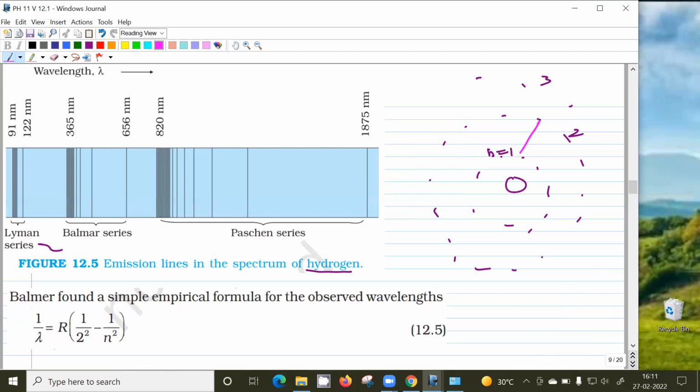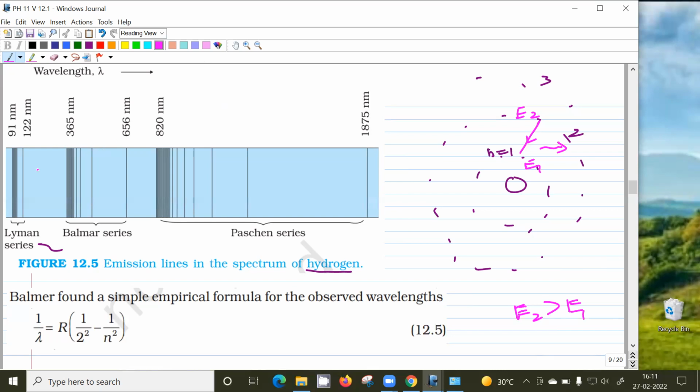When the electron jumps from here to here, it will give out radiation, because this is a higher energy, E2, and this is E1, so E2 is greater than E1. When the electron in the second orbit jumps to the first orbit, there is loss of energy, which goes out as radiation, and this line corresponds to that radiation.